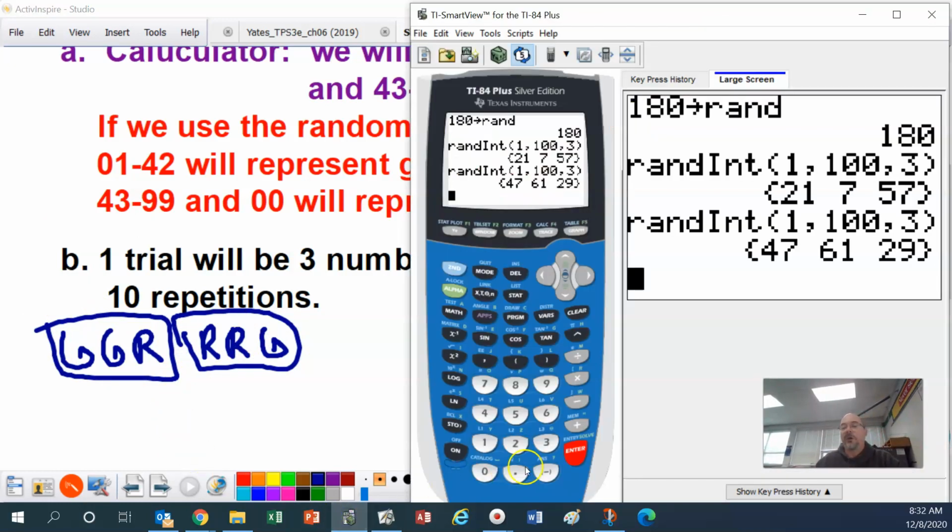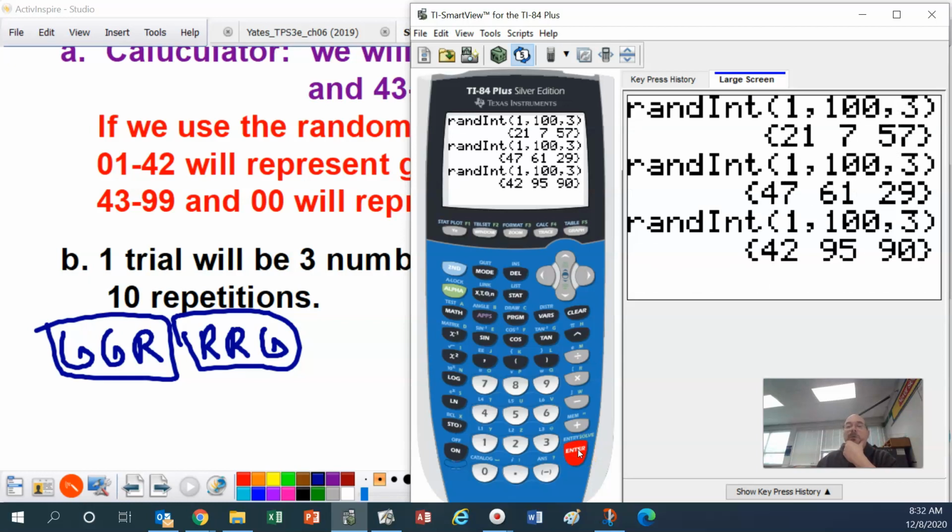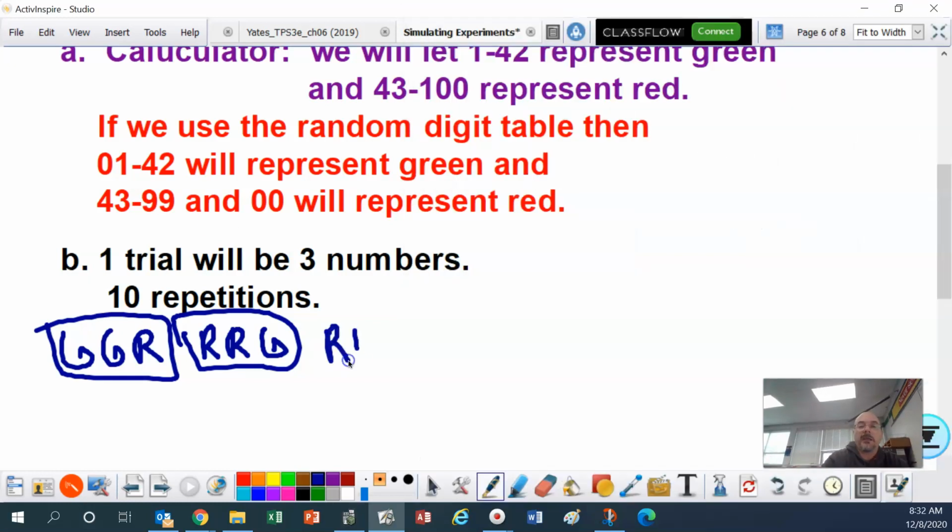Okay, I'll show you 2 more of these, and then I'm going to stop and finish it, and then hopefully you will have the same thing. So now this one would be red, red, red. Okay, so I'm going to write that down. Red, red, red. So there's my 3rd trial, or my 3rd repetition.